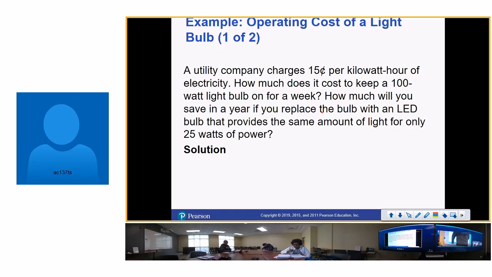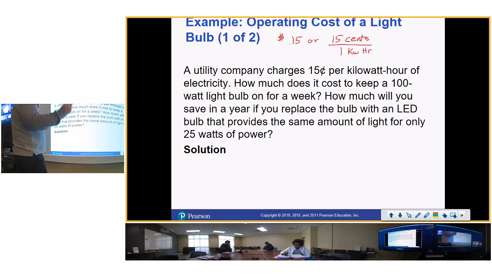So you're going to start this problem with 15 cents, or $0.15, over 1 kilowatt hour. You could say kilowatt per hour, but we're not going to go that in depth.